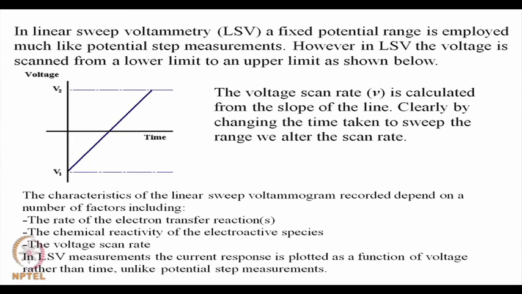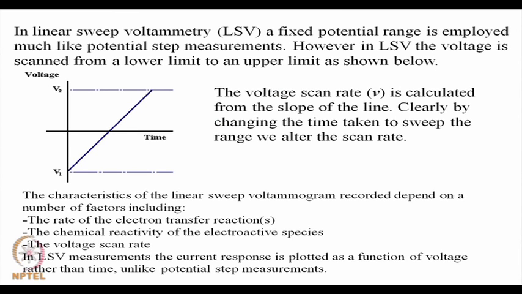If it is swept very fast, one situation may happen, or if it is swept very slowly, another. So the scan rate should have some relation. Now, the characteristics of the linear sweep voltammogram recorded depend on a number of factors.